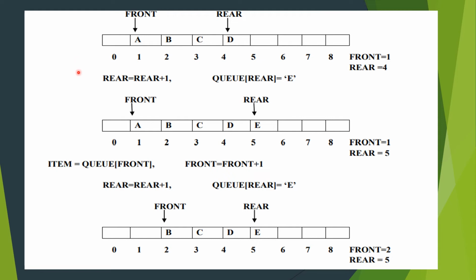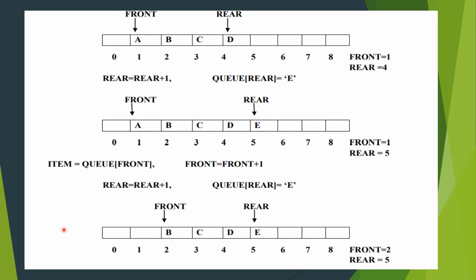Then one more element is inserted into this queue, that is the element E. First you have to increment the rear pointer, so the rear position is incremented by 1. Then element E is inserted. Then front is equal to 1 and rear is equal to 5. This process we can call enqueue.